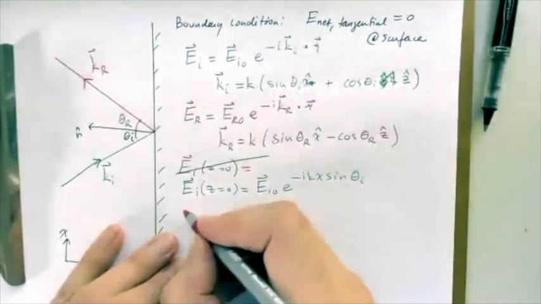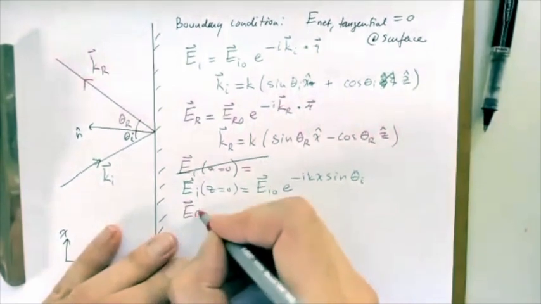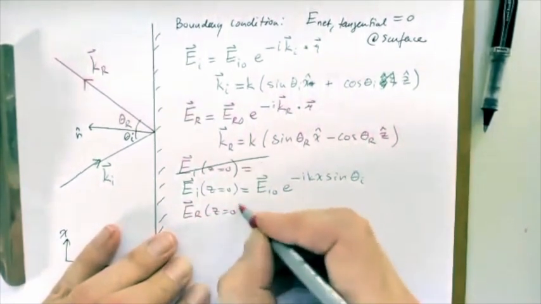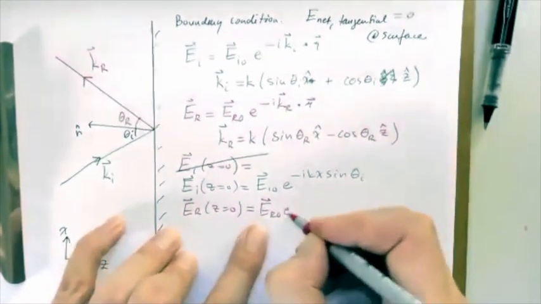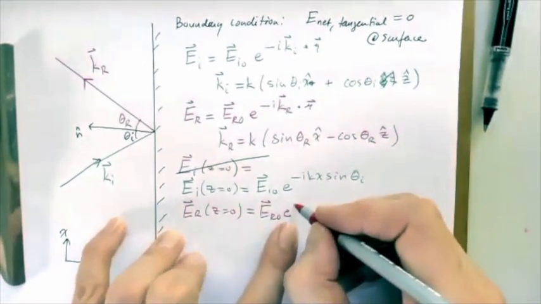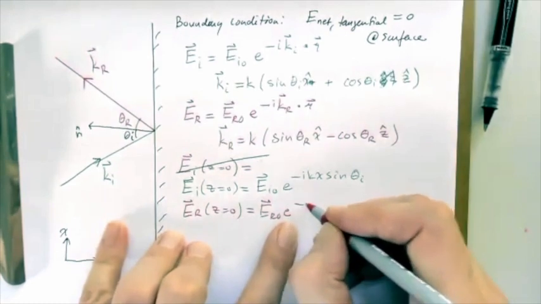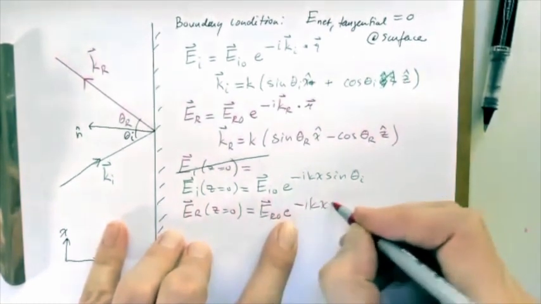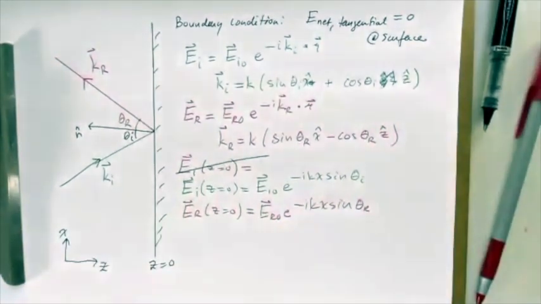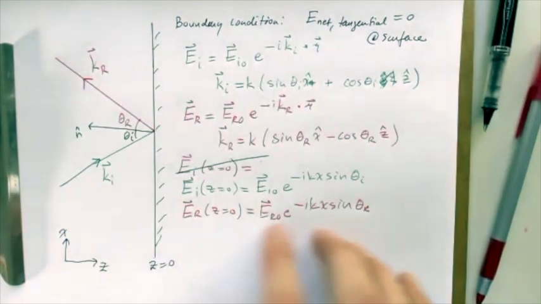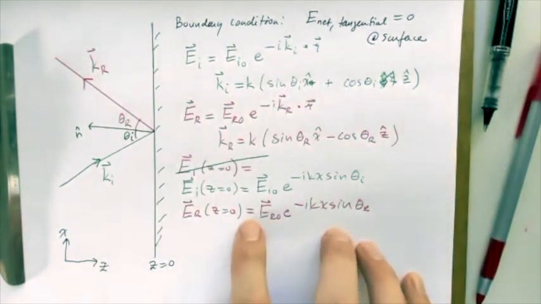So the E_r at z equals 0 is E_r0 e to the power minus i k x sine theta r. Okay, so that's the E field.